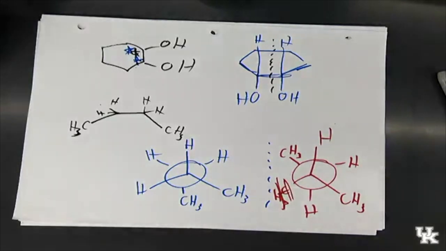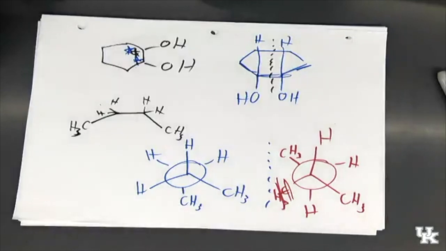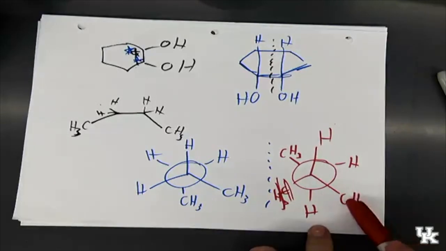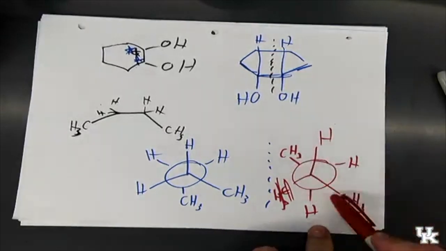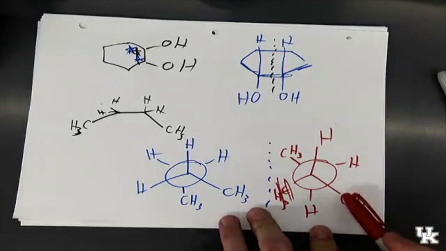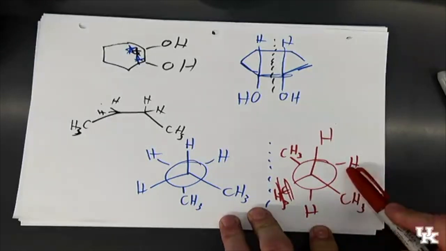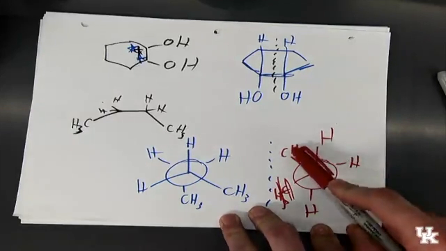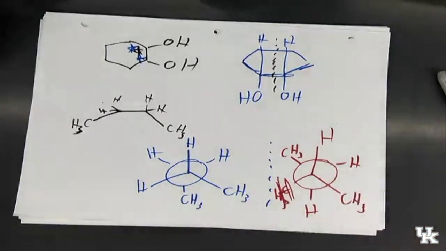These would be diastereomers if you could be sure that they weren't going to just rotate back out of where they are right now. Because remember, in conformational analysis, we were talking about how these guys can rotate freely, and there are energy costs associated with going across this H and across this CH3, but they could still rotate as long as there was enough energy, right?